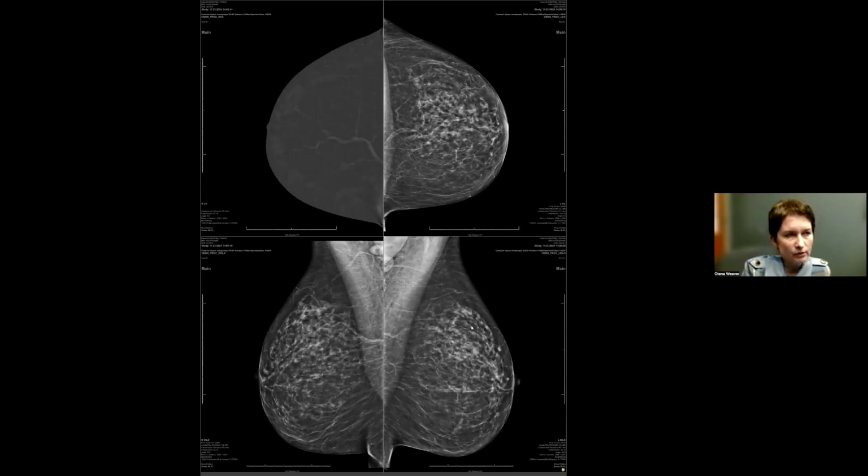The good thing about this kind of artifacts, both the motion and the grid artifacts, is that they are not really affecting your interpretation of the image. You can just ignore them. As soon as you know what they are, you can work with your vendor, you can try to optimize your images, but they are not really affecting your ability to detect cancers.